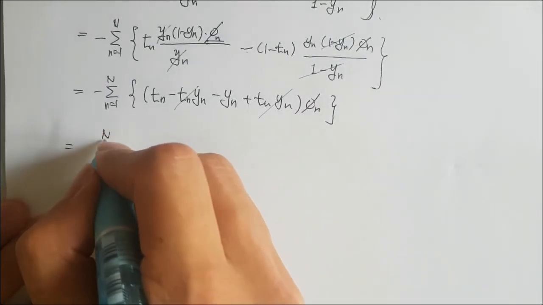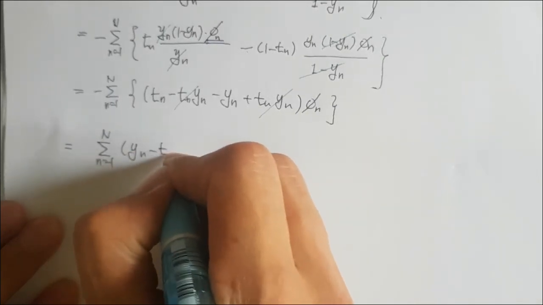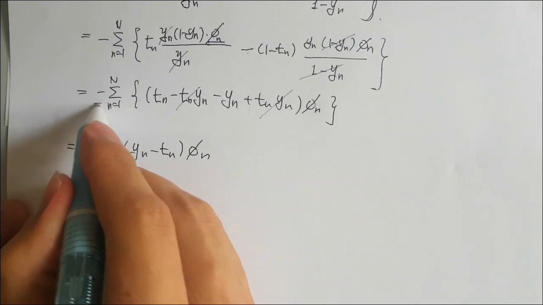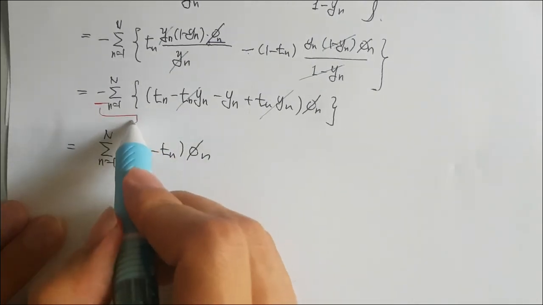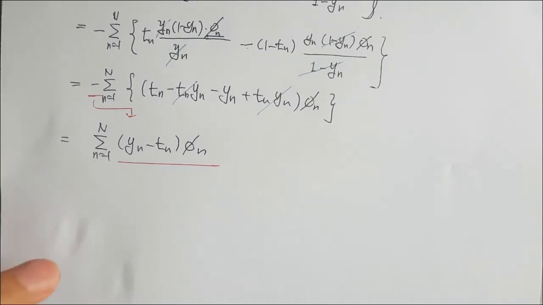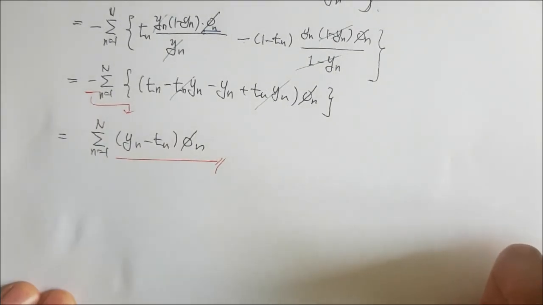So the end equation will be this, with the minus sign moved inside, so we can write it like this. This equation is really simple to calculate for gradient descent, so it's really nice.